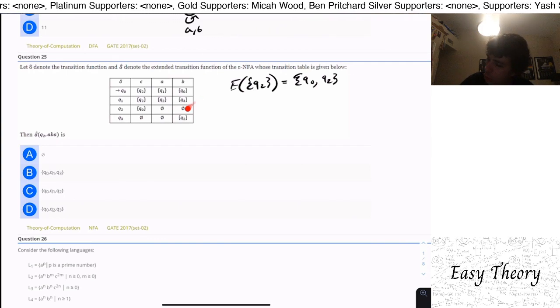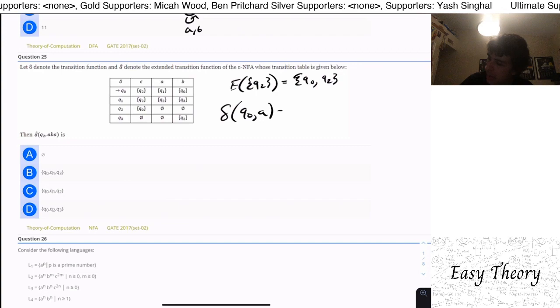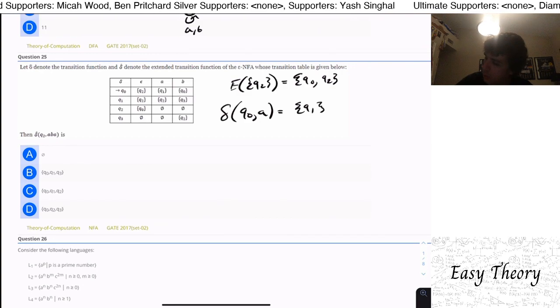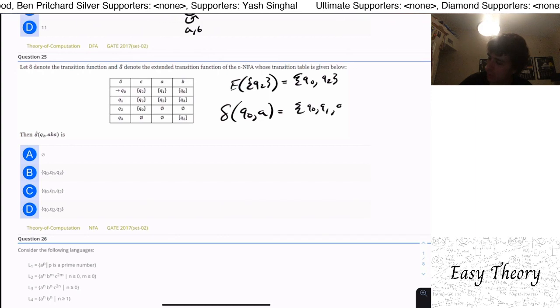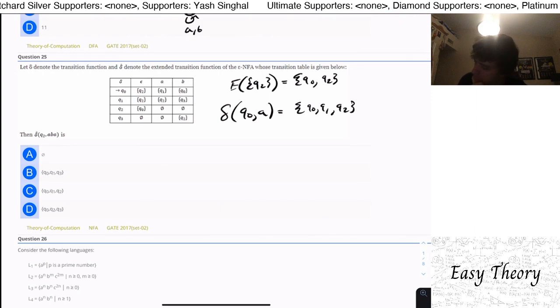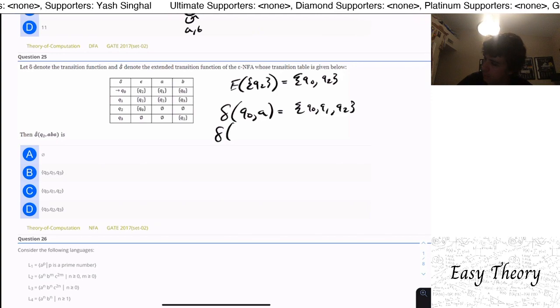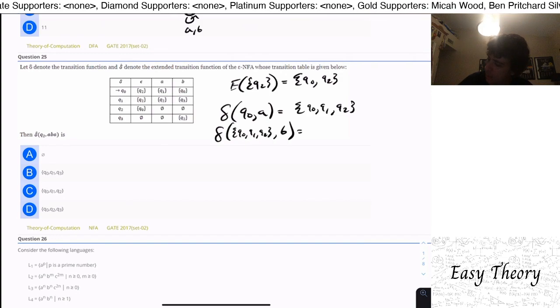Because Q2 goes nowhere on A and B, what we need to do is calculate delta of Q0 on A, which is Q1, and we have to include Q2 and Q0 in the epsilon closure. Then delta of Q0, Q1, Q2 on B, including the epsilon closure.